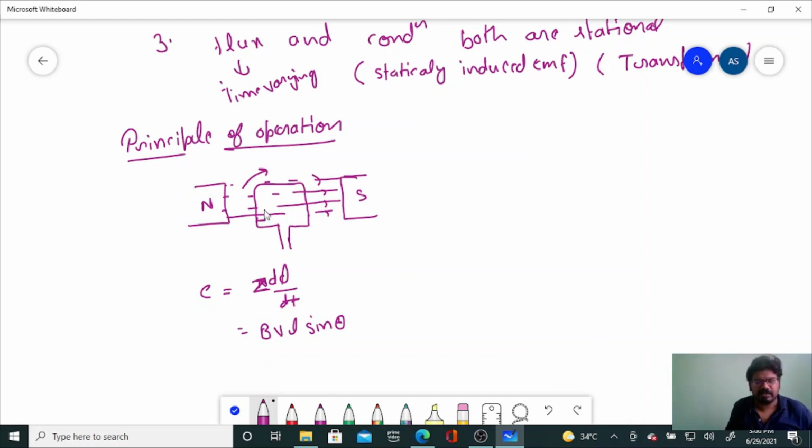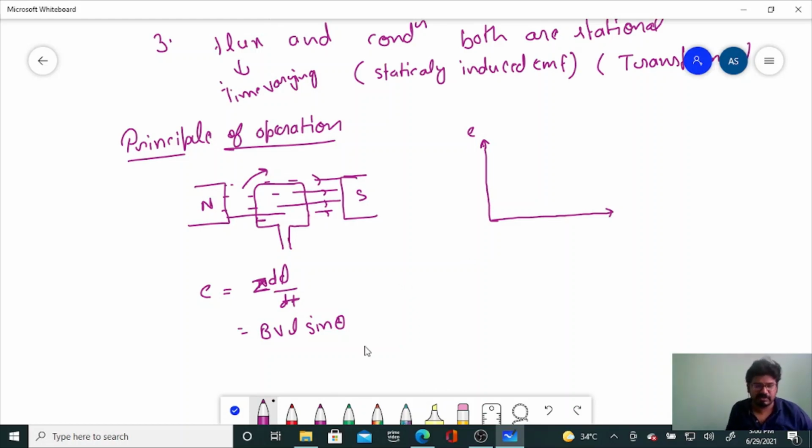So the coil is rotating 360 degrees, and when the coil axis is parallel to the flux, then your θ will be 0 and your induced EMF will be 0. And when it is perpendicular to your flux, then θ will be 90 and your induced EMF will be maximum.